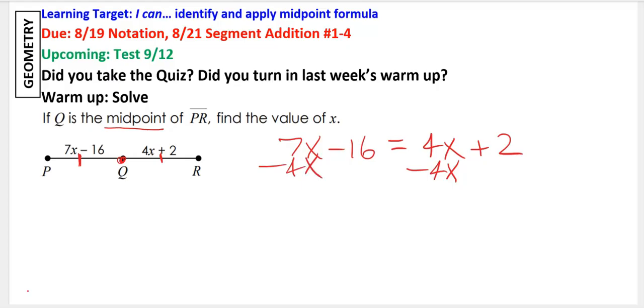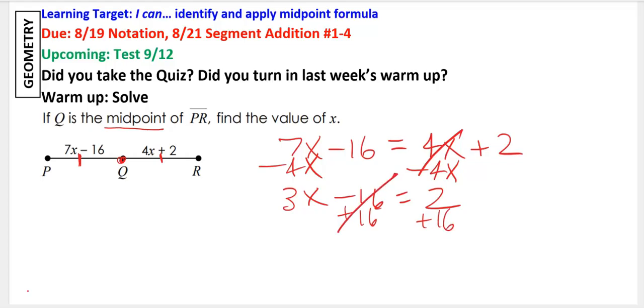Minus 4x. 7 minus 4 is 3x. Bring down minus 16. Bring down 2. And now we have a two-step equation. We need to get rid of the loner, the minus 16. What's the opposite of minus 16? Plus, or adding 16.